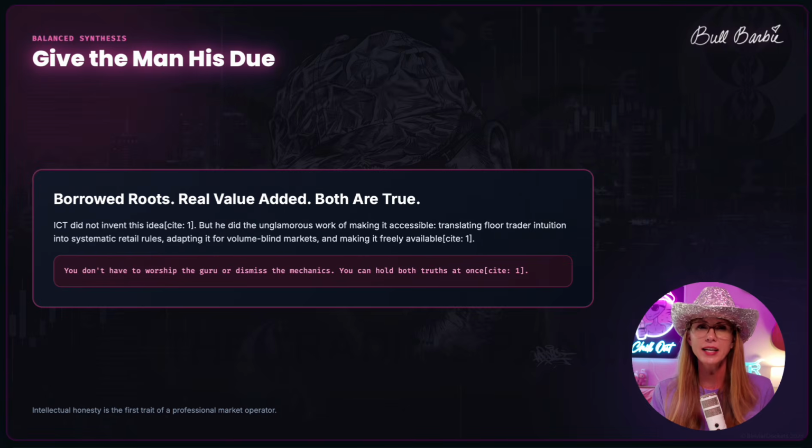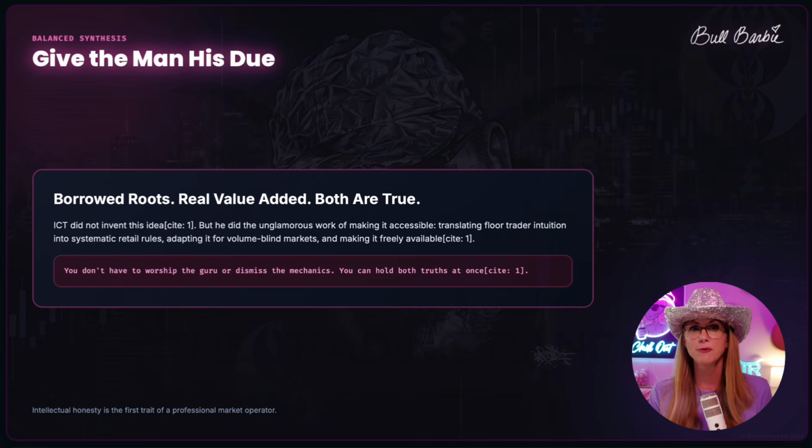All right, just to kind of recap plainly, ICT did not invent this idea, but he did the work of making it teachable and shareable and turning a floor trader's intuition into some operational rules, even if they kind of leave out a lot of context and skip over a lot of important things that you should probably learn.